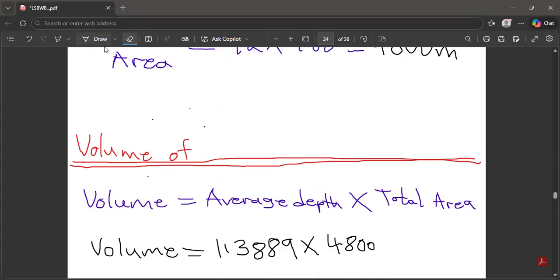Okay. This is the volume of material to be removed. It's the same as the volume of excavation.